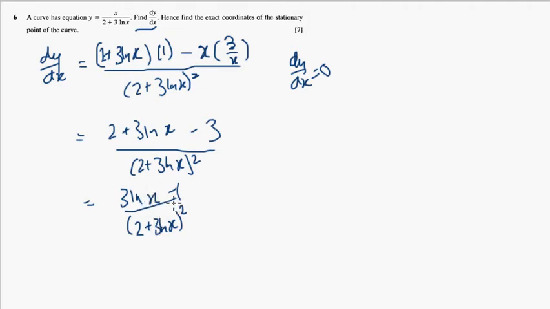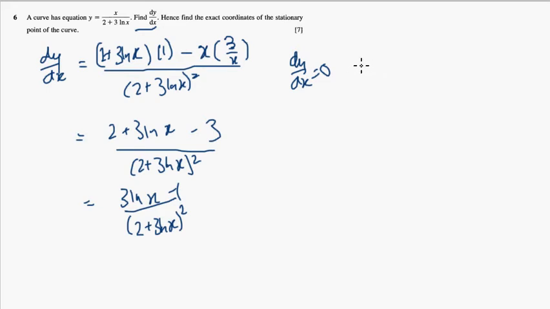But that's not going to be the case. It's quite obvious that 2 plus 3 ln x and 3 ln x minus 1 can't be 0 at the same time. Anyway, that was a completely pointless aside.